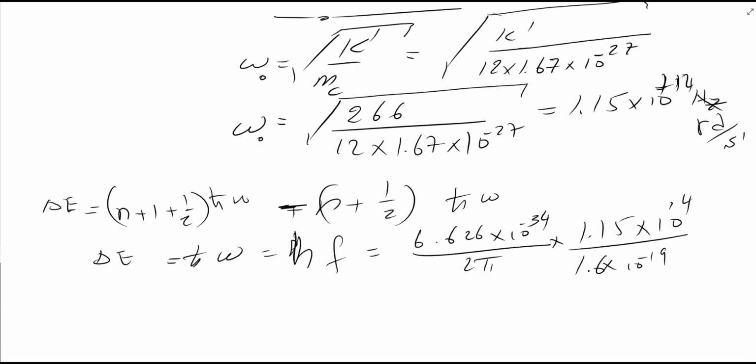So let's take this number and multiply that by 6.626 times 10 to the negative 34, and divide that by, open parentheses, 2 times pi times 1.602 times 10 to the negative 19. So the answer is going to be in electron volts, and it's 0.0758 electron volt. It's very tiny basically.